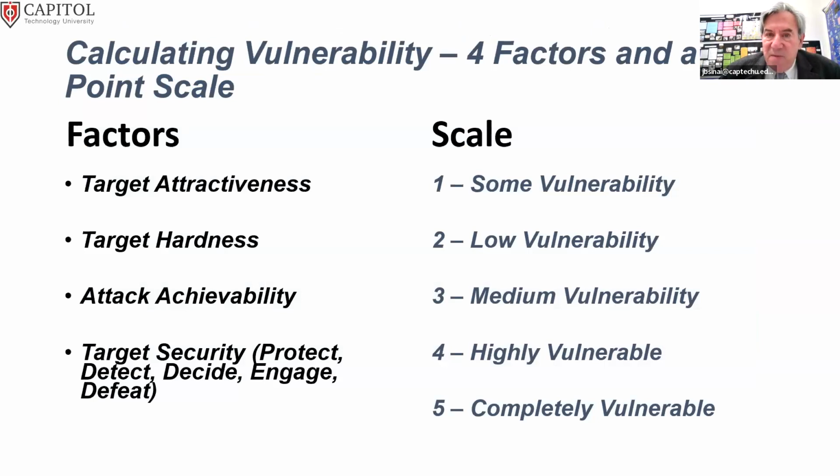So vulnerability factors include, and by the way, there may be more than 4, the target attractiveness to the attacker, target hardness, how difficult it is to attack it, the attack achievability, how capable are the attackers likely to successfully attack the target, and the target's security posture in terms of being able to protect the target, detect an adversary, decide to do something about the potential attack, engage the adversary, and defeat the adversary.